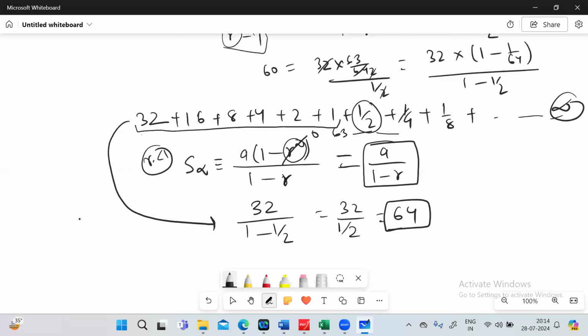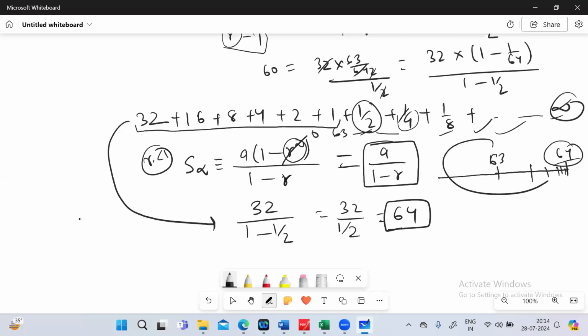Every number that we are adding, like 63 here, and next let's say 64 is here. So this half is here, then 1/4 is here, 1/8, then 1 by 16th is here. So with every new term, I will be inside this only. So the total sum will be 64. This is how you can visualize it.